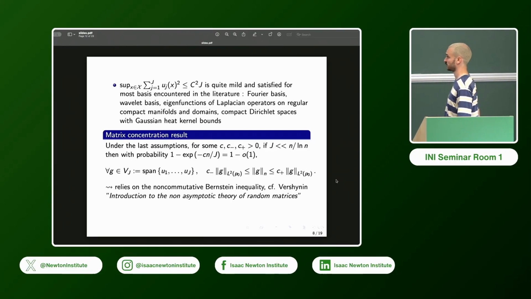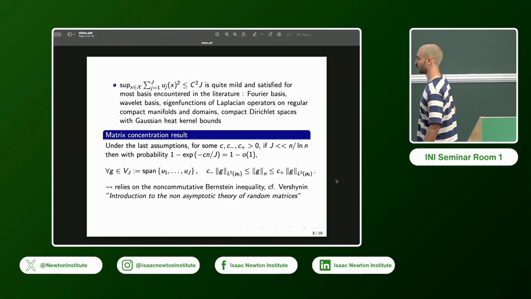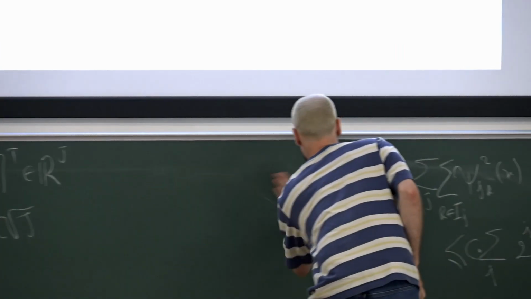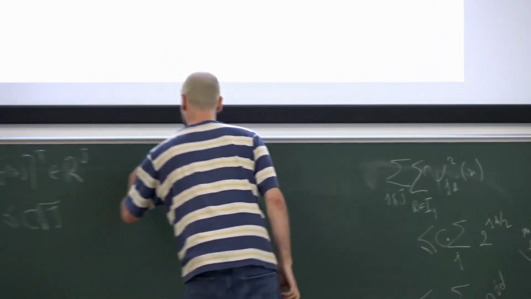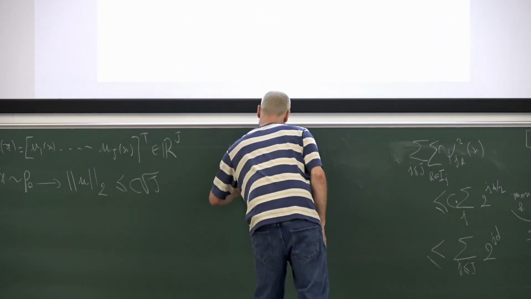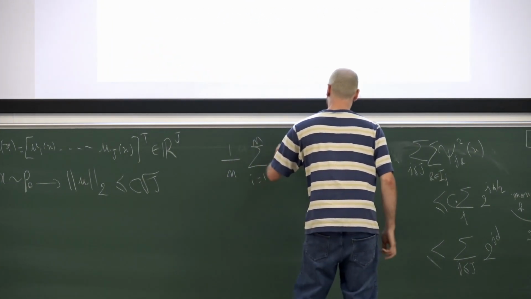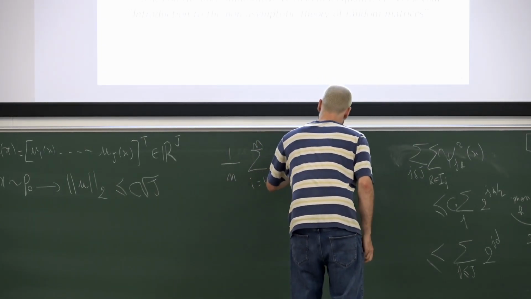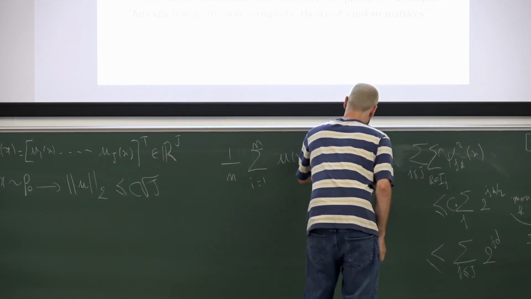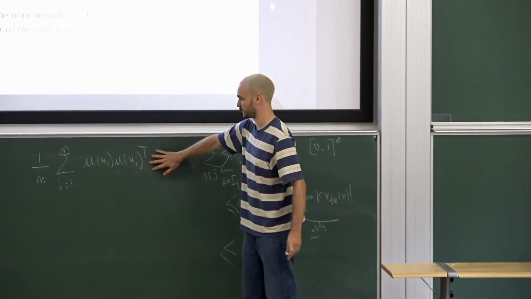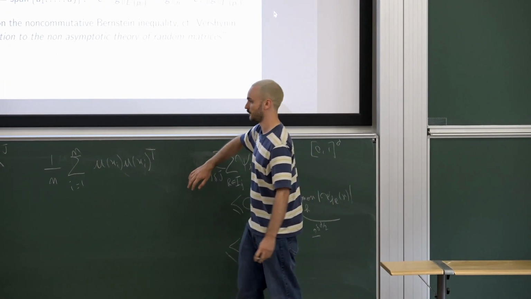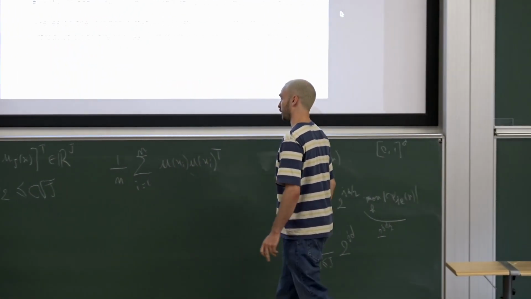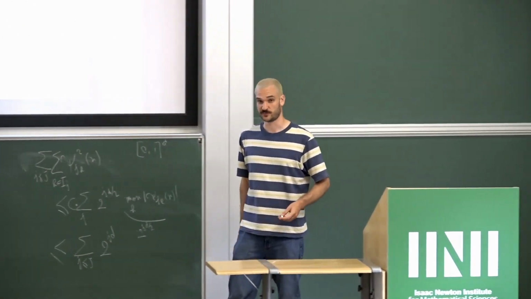Turns out that since you have this almost sure bound, you can apply known results in concentration of random matrices that allow you to show that the matrix 1 over n times the sum over i of u(x_i) u(x_i) transposed, which is a matrix of empirical inner products of the basis functions u_j, converges quite well to its population counterpart.